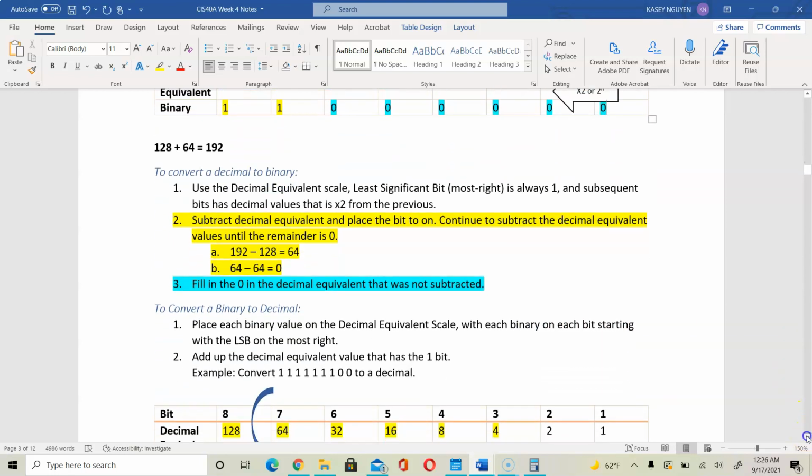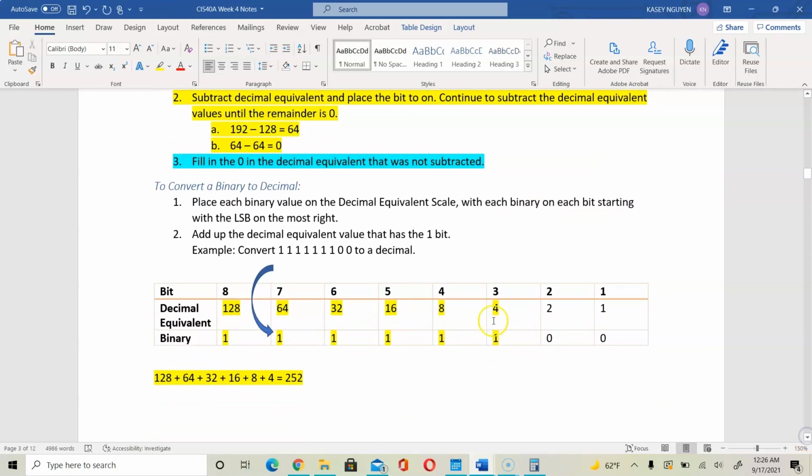On the notes on page 3, it shows you that to convert the binary to decimal, you place each binary value on the decimal equivalent scale, with each binary on each bit starting with the most right. So we put the 0 here, and then we move left, so you put all your binary here.